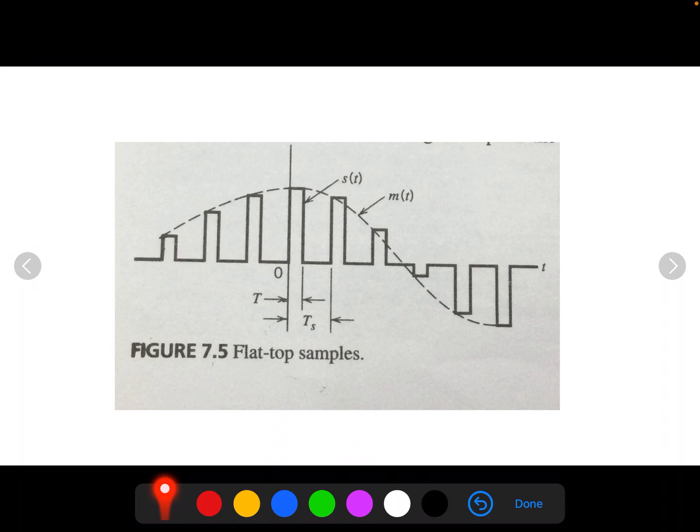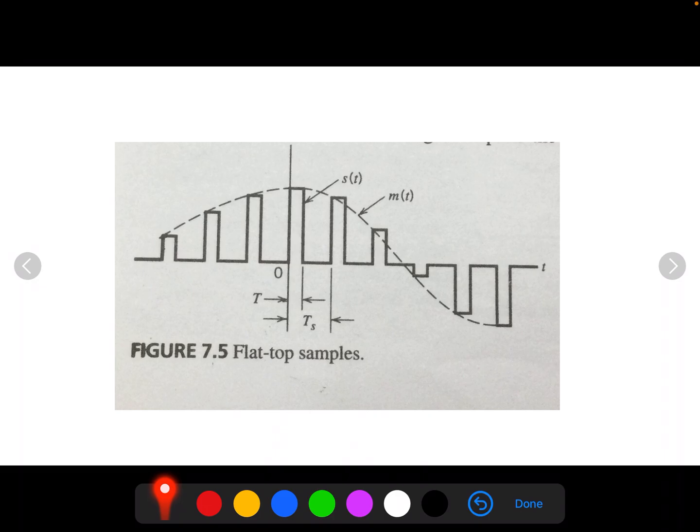It is chosen in accordance with the sampling theorem. And the second one is lengthening the duration of each sample so obtained to some constant value T. In digital circuits, these two operations are jointly referred to as sample and hold.